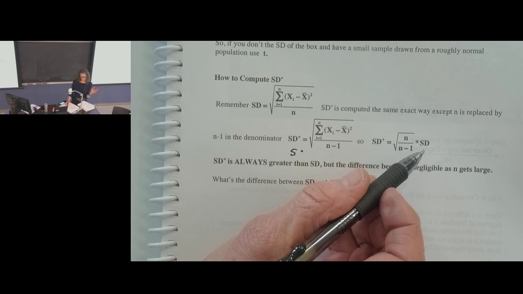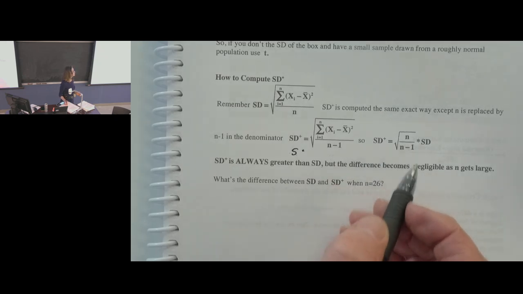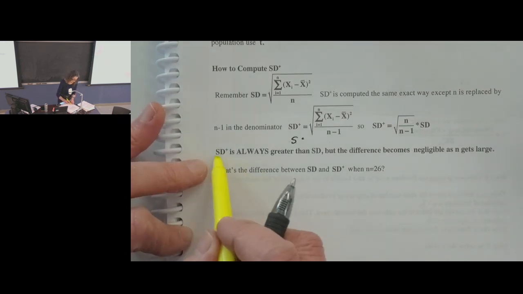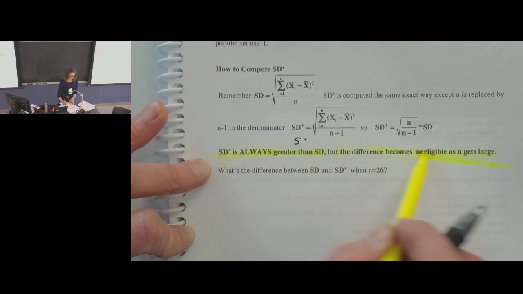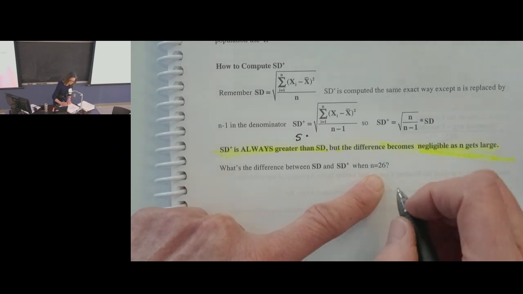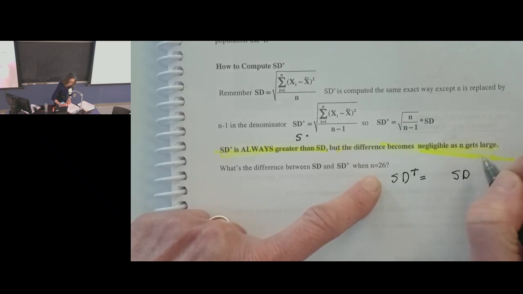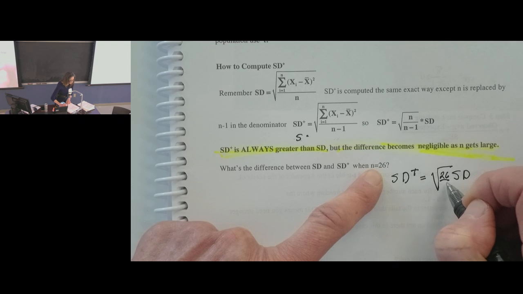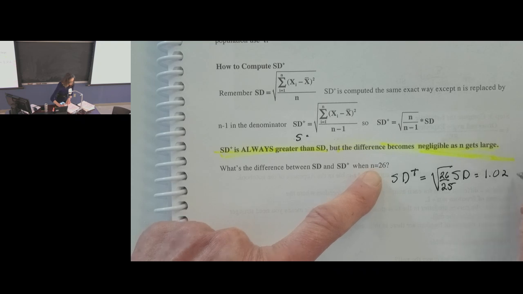If you were going in the other direction, and you had SD plus and wanted to change it to SD, you would just flip it and multiply by something a little bit smaller. So this is what you need to remember: SD plus is always greater, but the difference becomes negligible as n gets large. For example, I decided to make the cutoff 26. Let's say you had SD and your sample size was 26. I would just multiply it by 26 over 25, which is equal to 1.02 times SD.